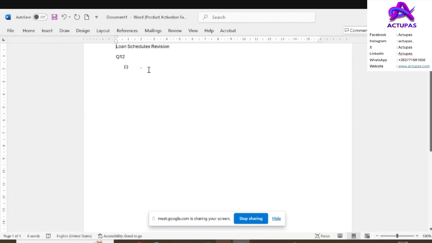Let's start with the first part. We let R denote the level monthly installment that we want to get.